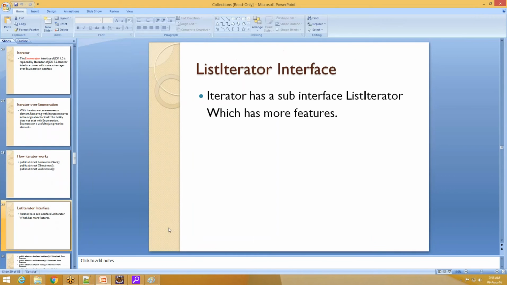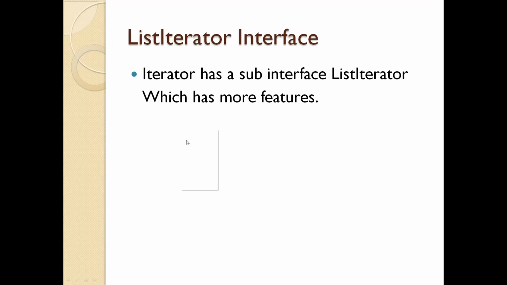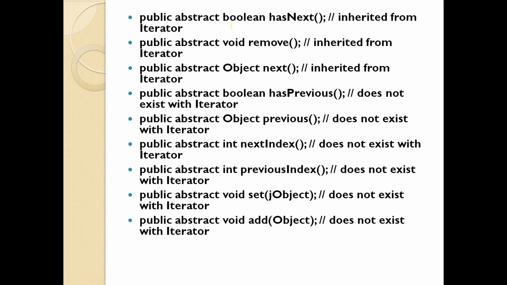This is my ListIterator. Iterator has a sub interface that is nothing but ListIterator, which has more features, and the features are something like this. I have the method hasNext, it is the same method.